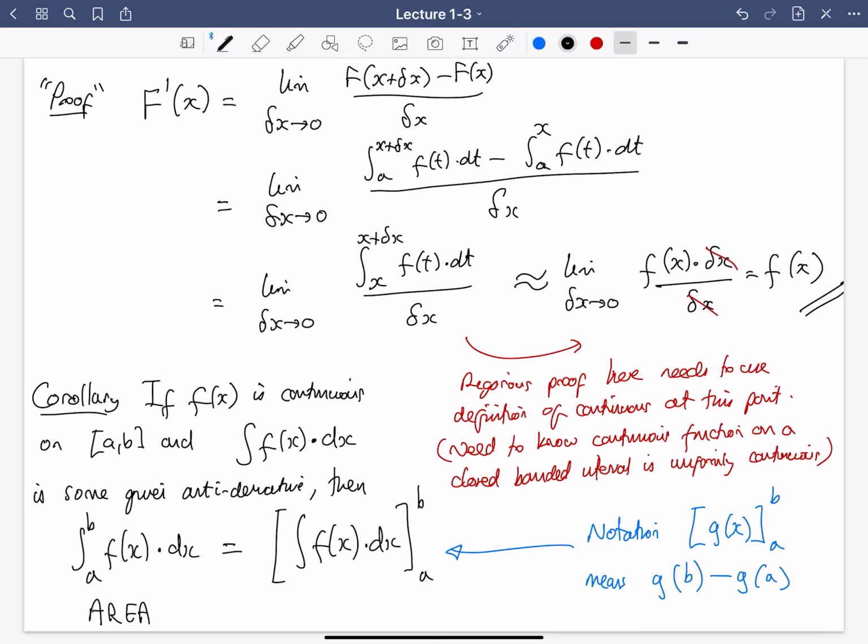That calculation in that explicit function, that's your known antiderivative, gives you a number which is exactly the area under the graph.